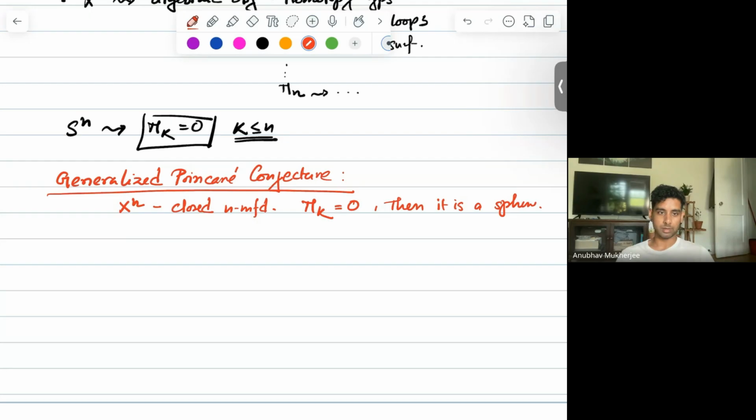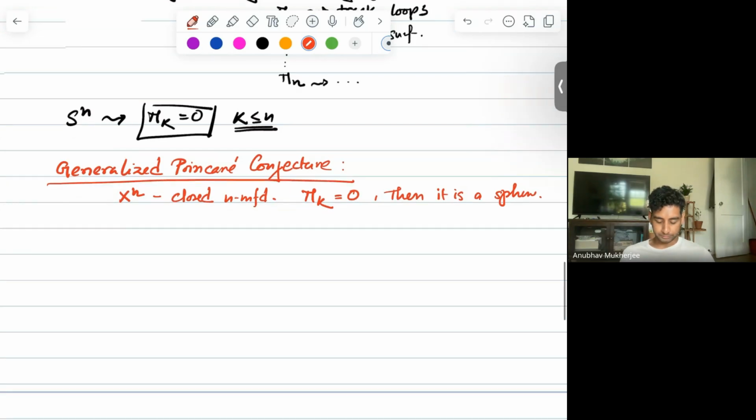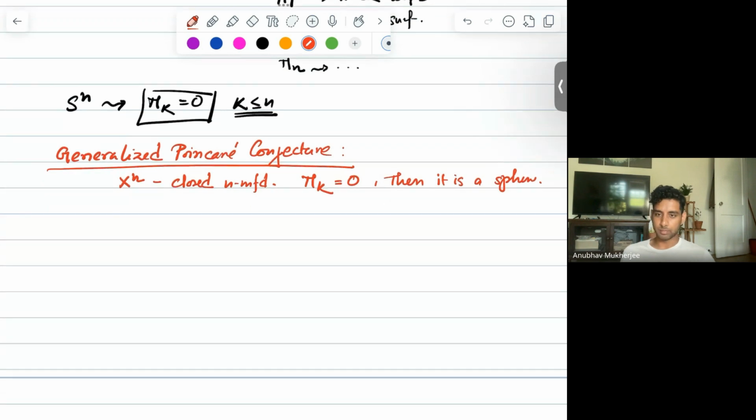It seems impossible; maybe in some 100-million-something dimension it is not true. It would be amazing if such a statement turned out to be true, because how could there be such a simple description of a sphere? There could be some weird object that also has the same property. And this is where the whole development started.